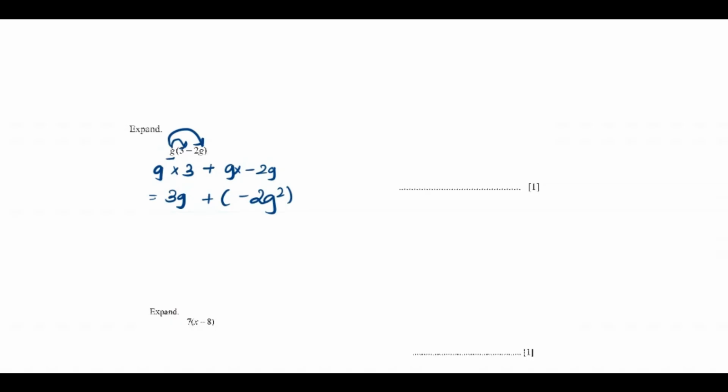So I can write this as 3g minus 2g square.